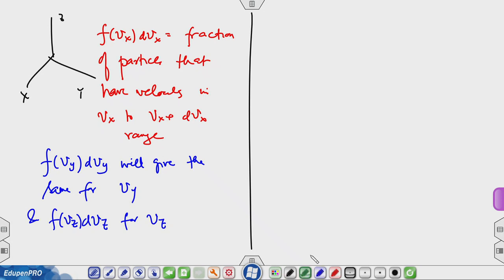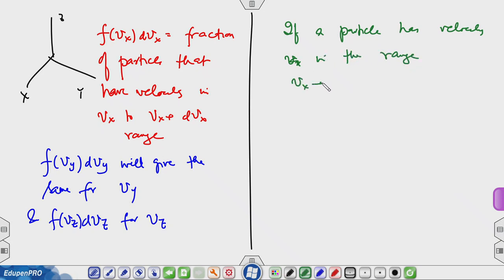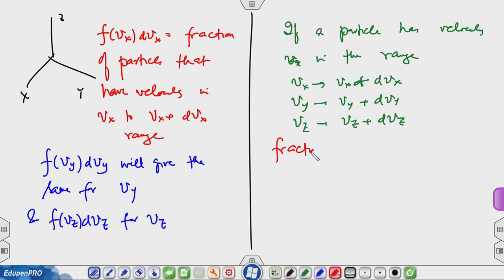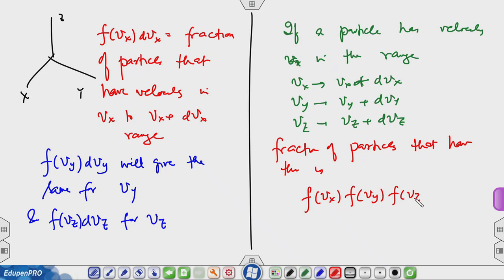So if a particle has velocity in the range Vx to Vx plus dVx, Vy to Vy plus dVy, and Vz to Vz plus dVz, then the fraction of particles that have this is f Vx, f Vy, f Vz, dVx, dVy, dVz.